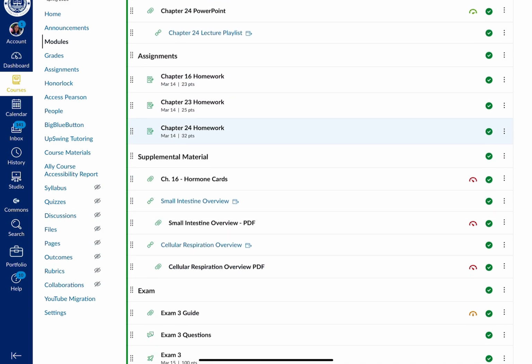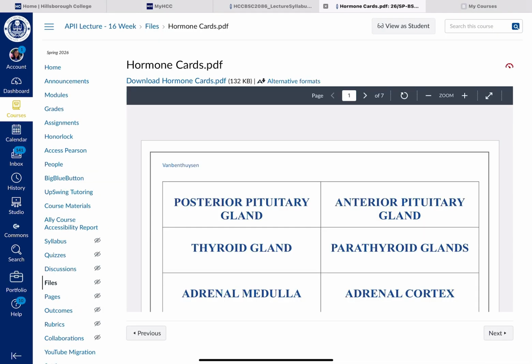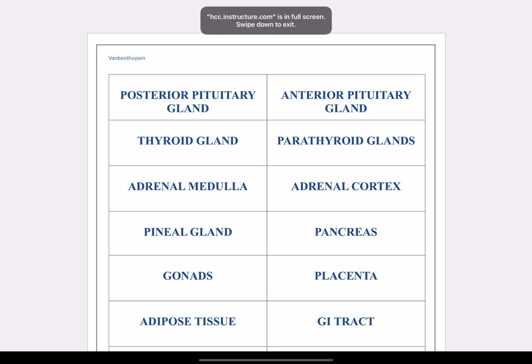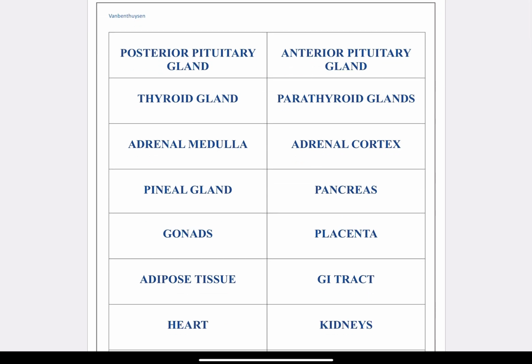As for supplemental material, I have hormone cards. So again, these are like cards that you can use. You don't have to. But basically, if you print these out and you cut them out, I've provided to you all of the glands that you're responsible for, or endocrine tissues, because like the placenta is not a gland, but it's considered an endocrine tissue because it releases hormones.